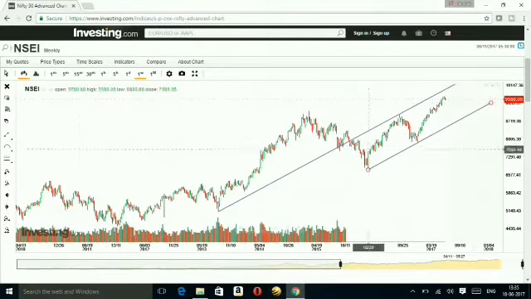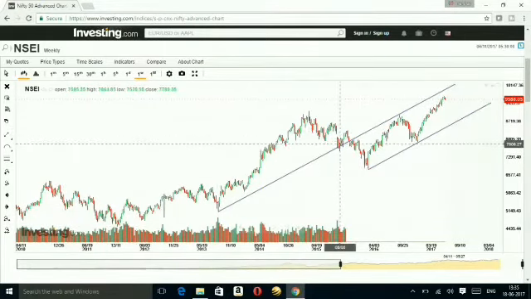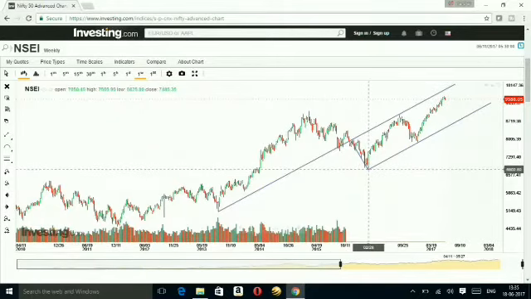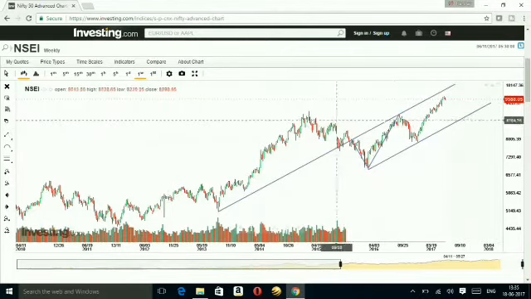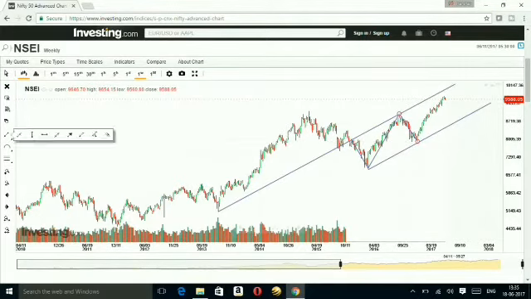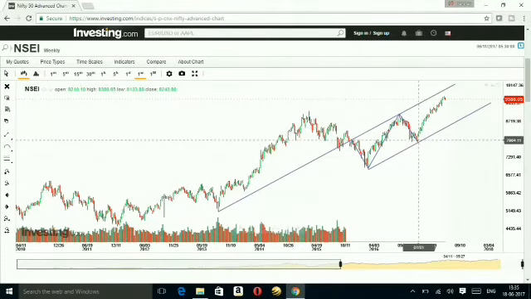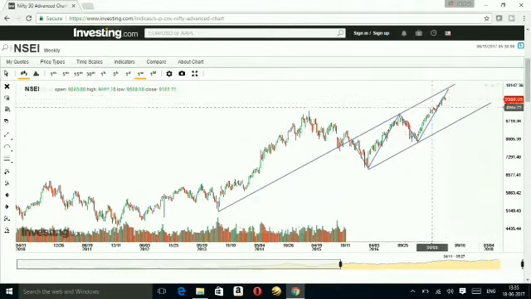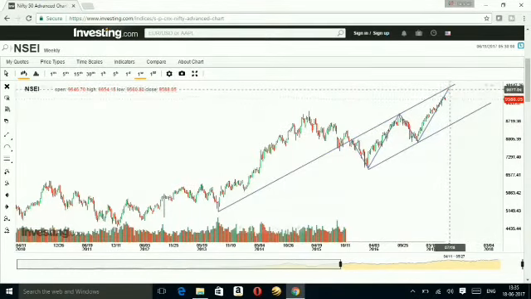So this is also the channel which I'm expecting Nifty is following, and you can join these things. And I'm expecting it to go somewhere around here, 10,000. It is just an expectation that Nifty can go till here.